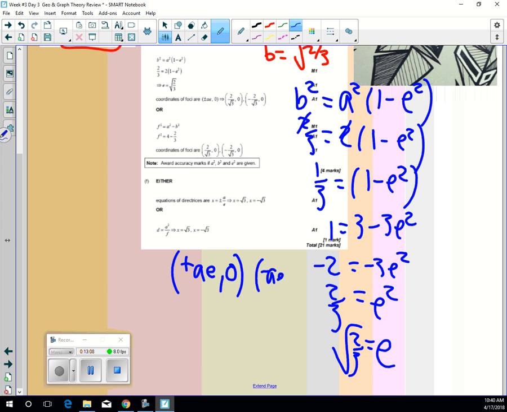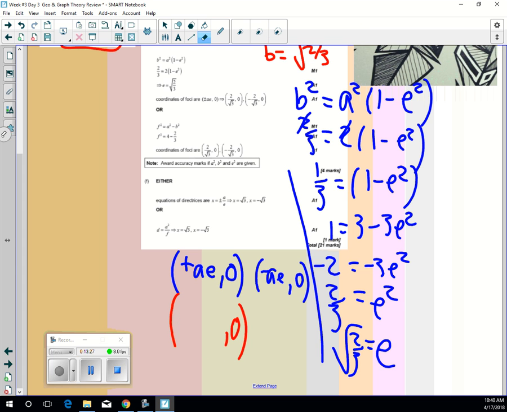A was square root of 2 times square root of 2 over 3. And that's just going to be 2 over the square root of 3. And then the other one is going to be negative 2 over the square root of 3. And they're saying x-axis, so that's why the 0 is in both places.